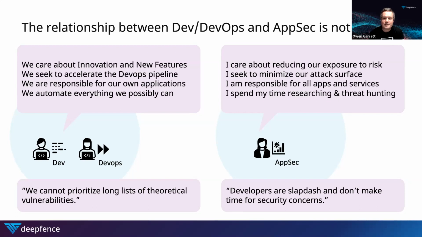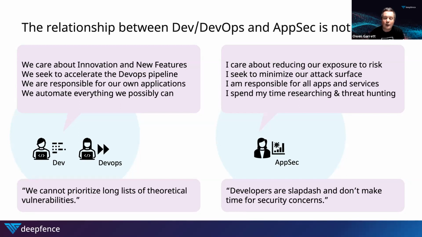Individual dev and DevOps teams focus 100% on their own applications. They typically don't take a global view where they consider all of the applications that an enterprise is running. They are laser focused on iterating on their applications.